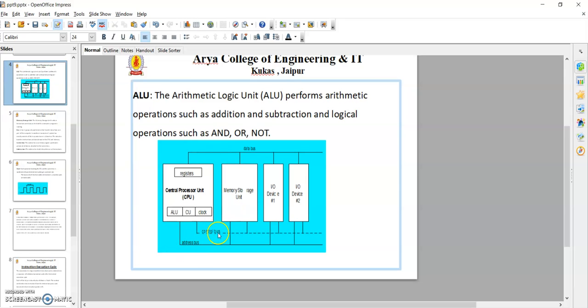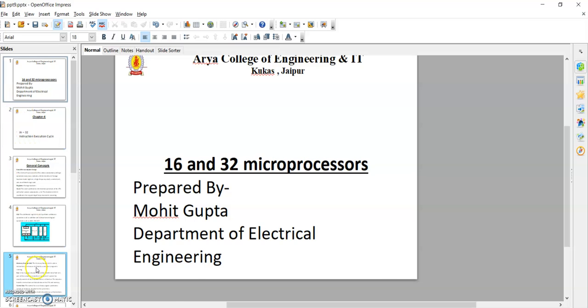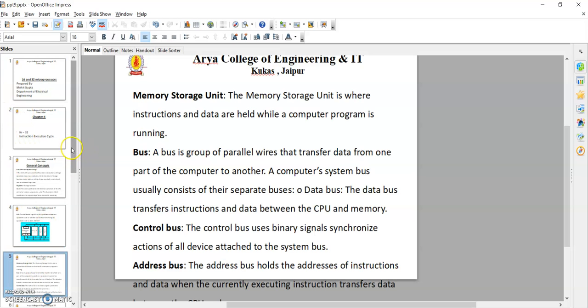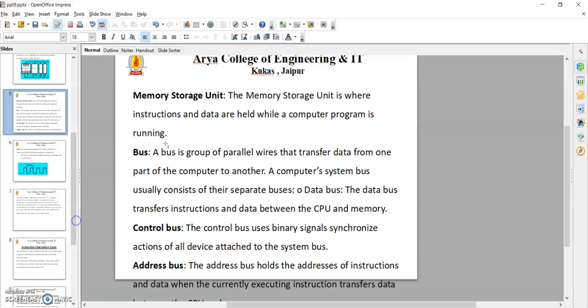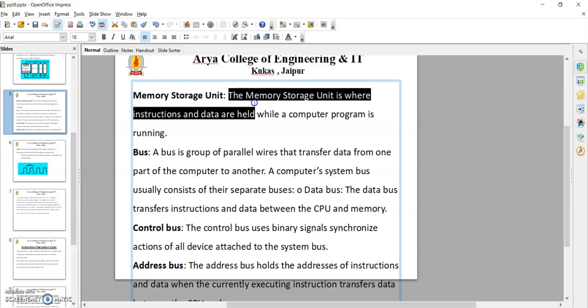There is a memory storage unit, and there are input output devices 1, 2, up to n, depending on the process. Now we move to the next slide, that is the memory storage unit. We can see the memory storage unit is where the instructions and data are held while a computer program is running.